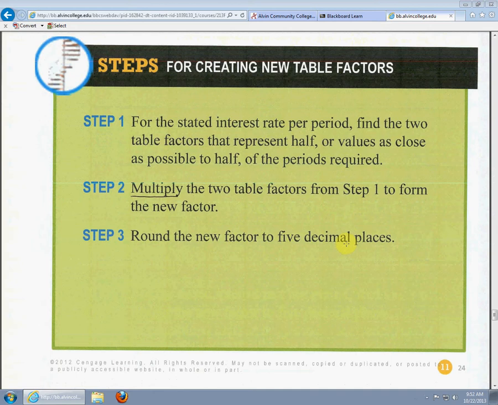So let's see how this one works. Calculate a new table factor and find the present value of 8,500. So we want 8,500 in the future if the interest rate is 6% compounded quarterly for 10 years. I want you to figure what is the percent per period, and how many periods do we have?